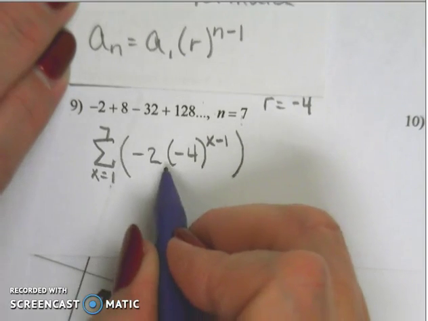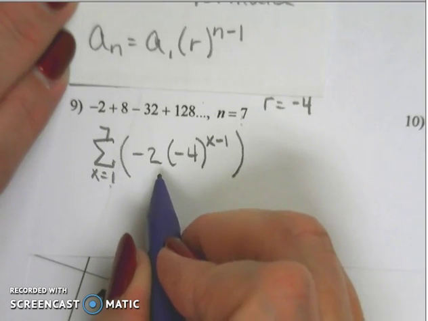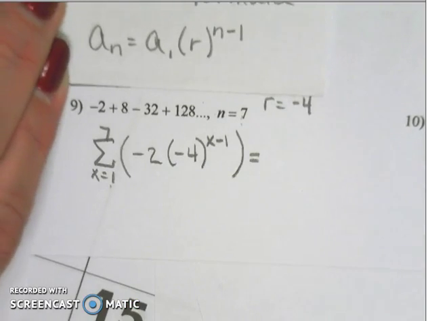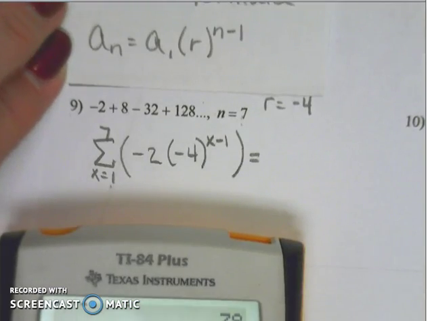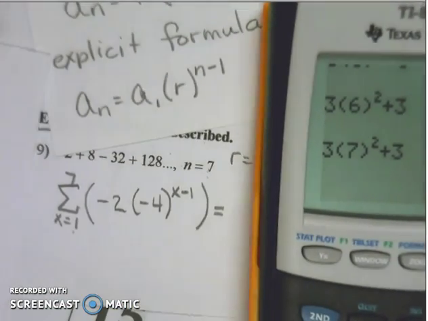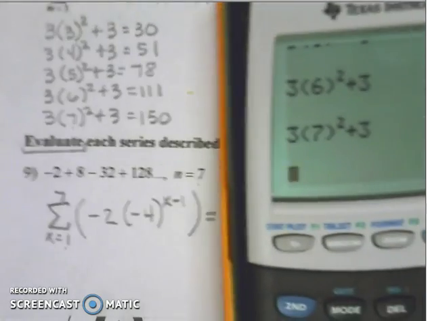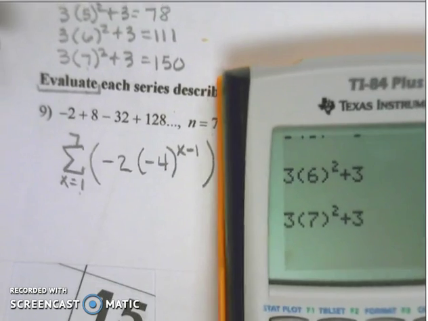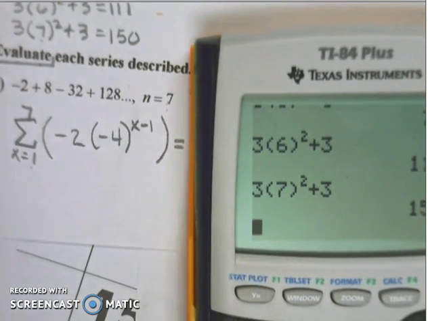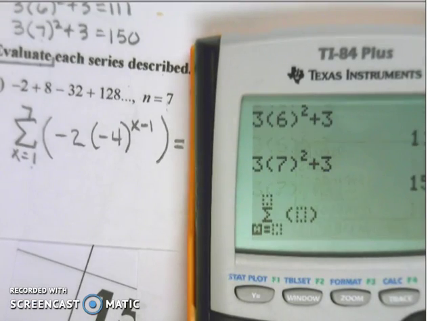Now you've got to be very careful to make sure all of this stays in the external window for your sigma. Okay. So when I type this in, let's see if I can slide this up and over. There we go. Let's move this out of the way. Alrighty. So alpha, window, number 2.